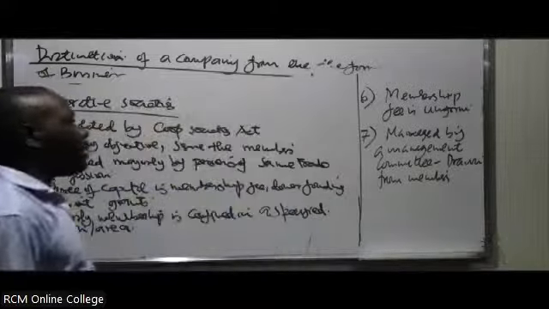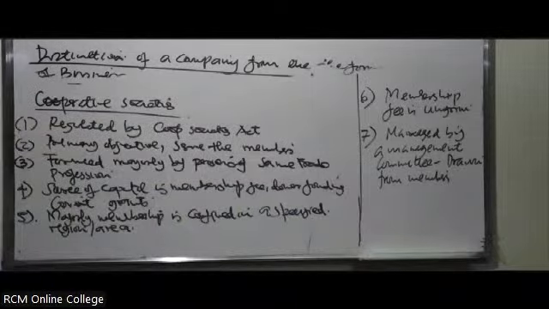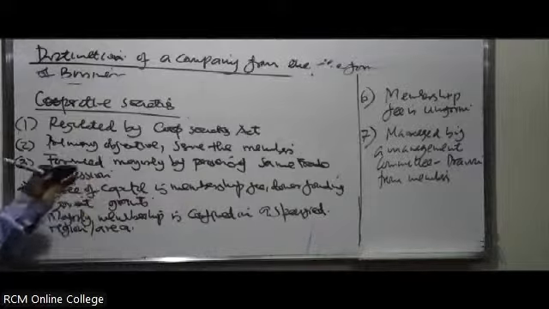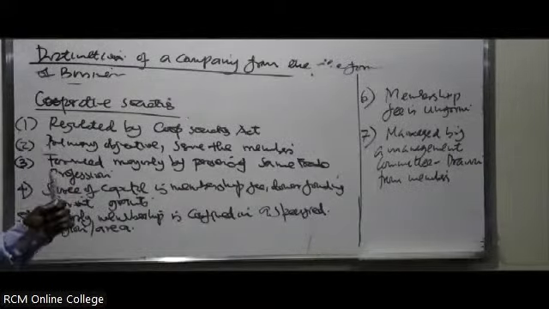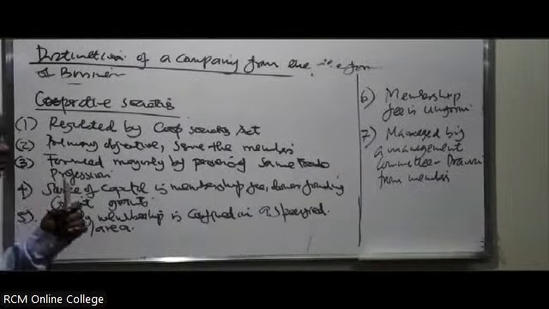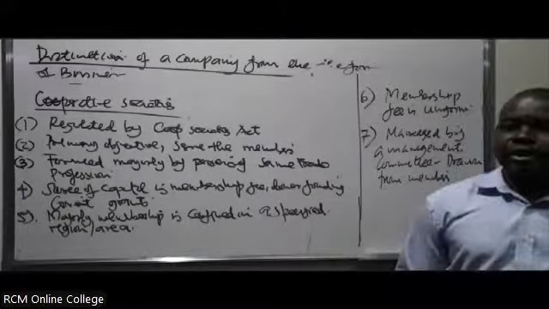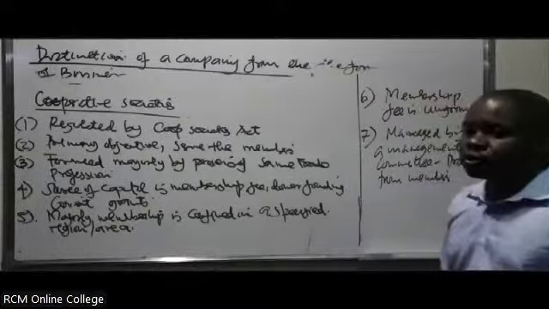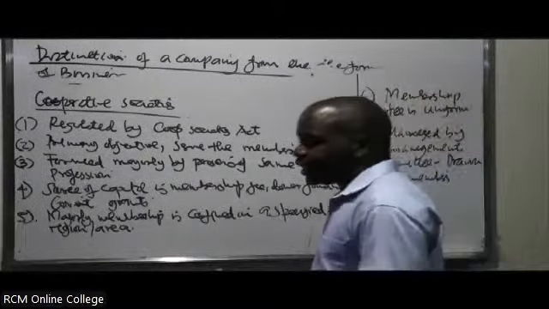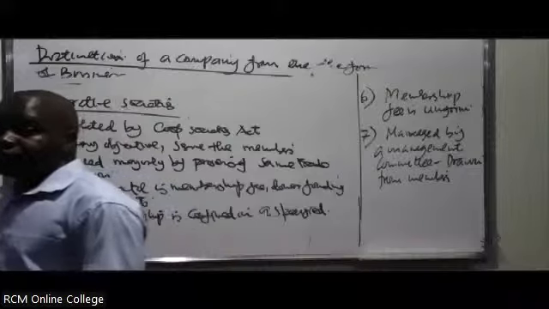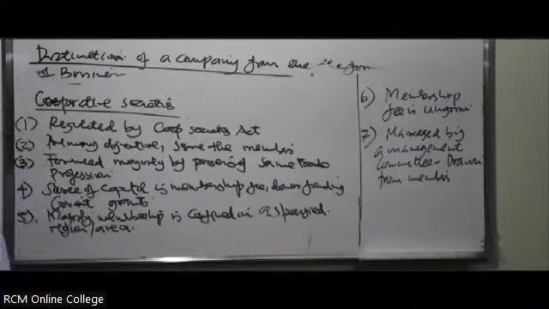This happens to be part of the key features we can talk about regarding cooperative societies. They are regulated by the Coop Societies Act. They are usually or majorly formed by persons of the same profession or trade.